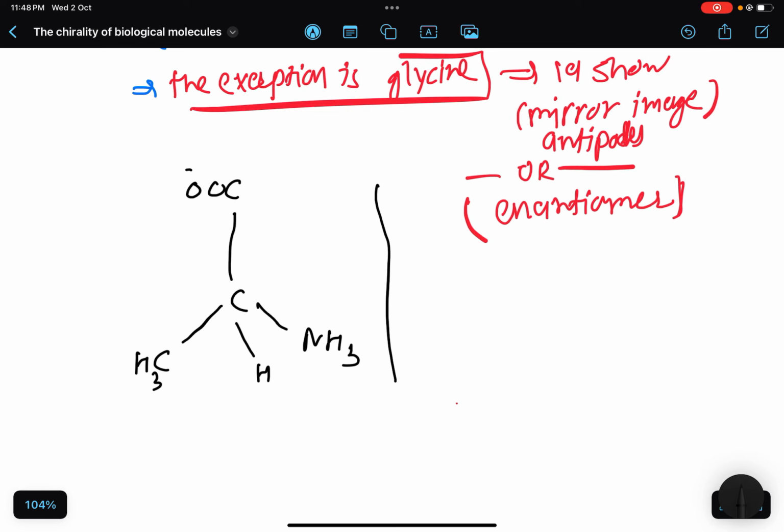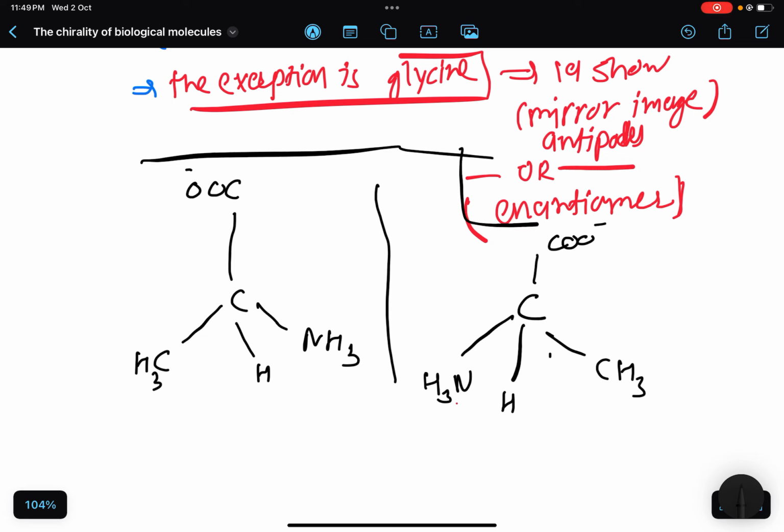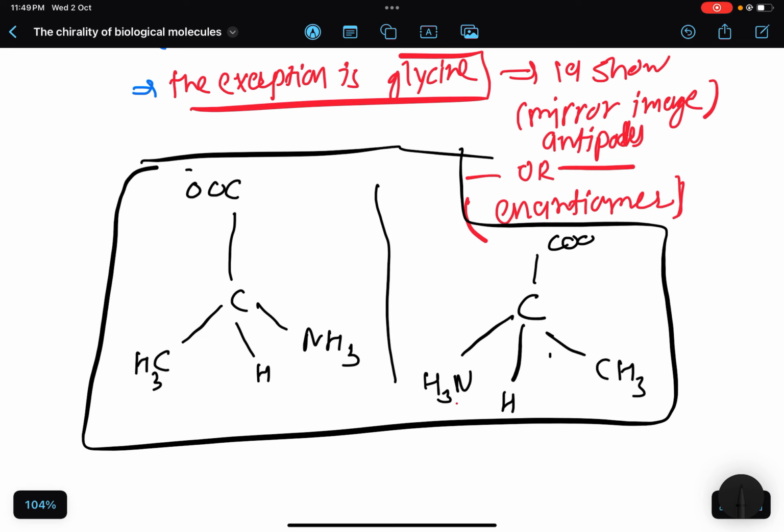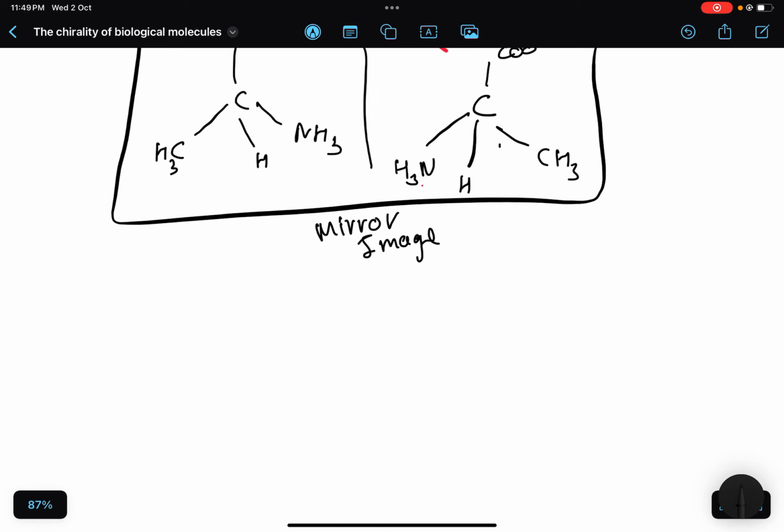The other structure is like this, just like a mirror image.